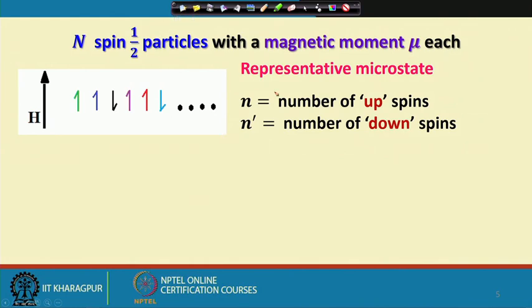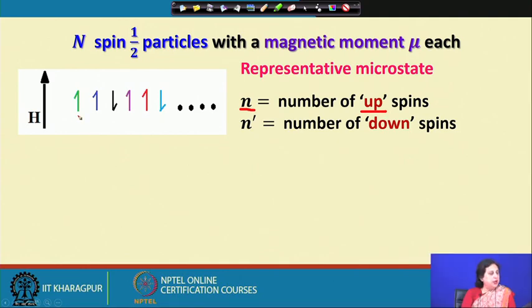First, for any given such microstate, small n is the number of up spins. So, if I have these many spins, how many up spins do I have? 1, 2, 3, 4. So, small n would be equal to 4, and n prime is equal to the number of down spins.